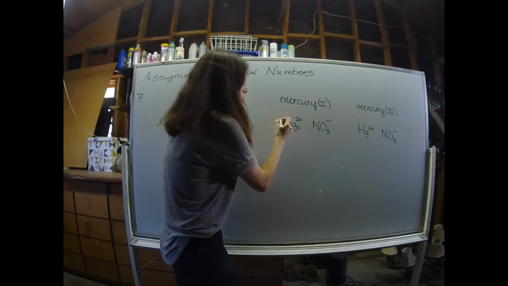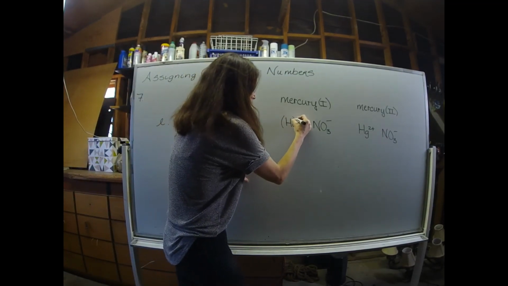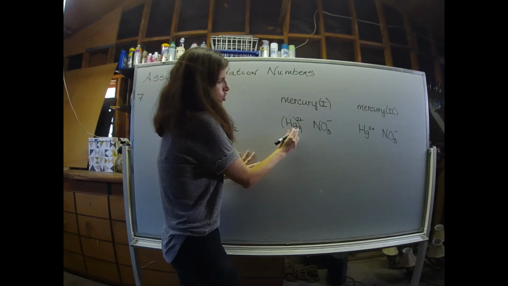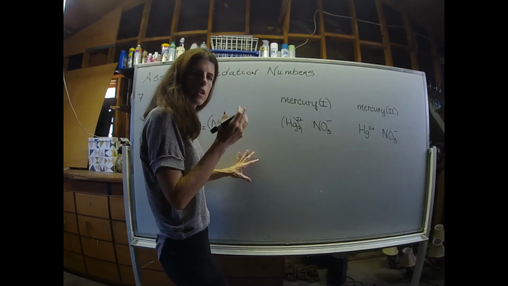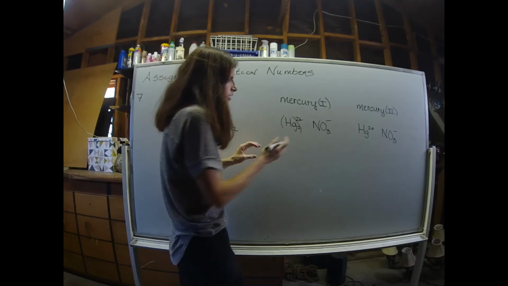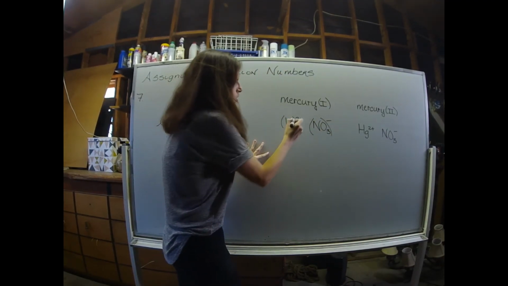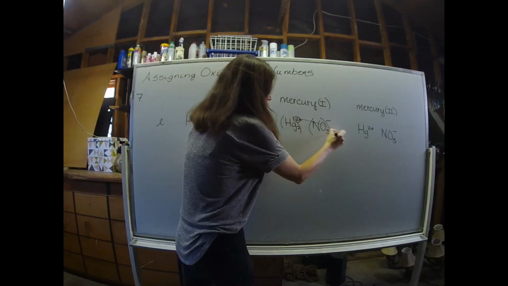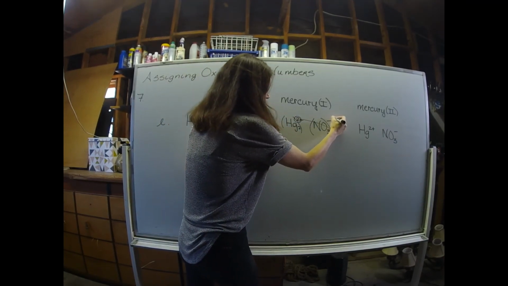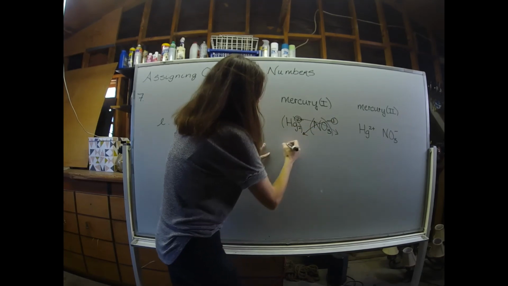So with mercury 2, I would put a parenthesis around the Hg subscript 2. Remember, that's a polyatomic ion. And put a set of parentheses around the nitrate. So then the 2 would go to the outside of the nitrate, and then there'd be a 1 that would go down by the mercury.